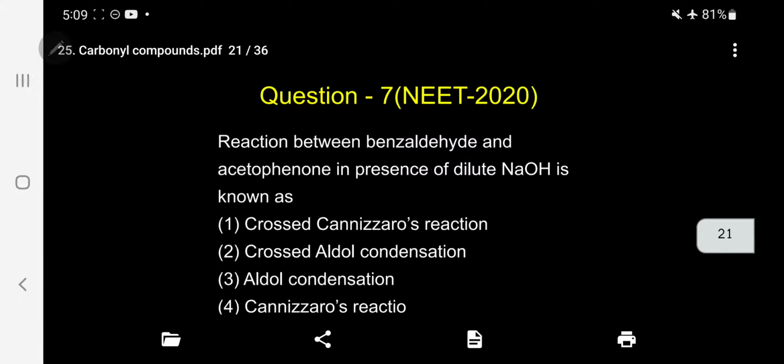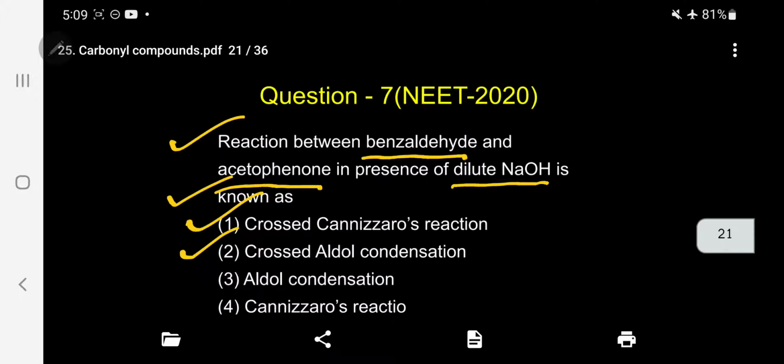Question number 7. Reaction between benzaldehyde and acetophenone in presence of dilute sodium hydroxide is known as A. Crossed Cannizzaro reaction, crossed aldol condensation, aldol condensation, Cannizzaro reaction.